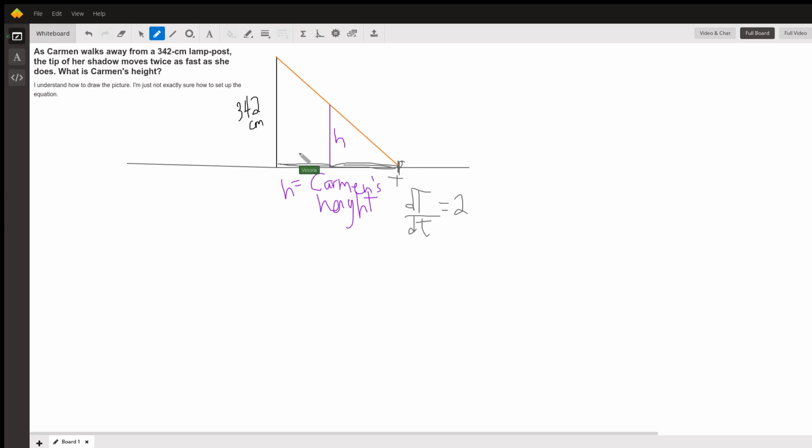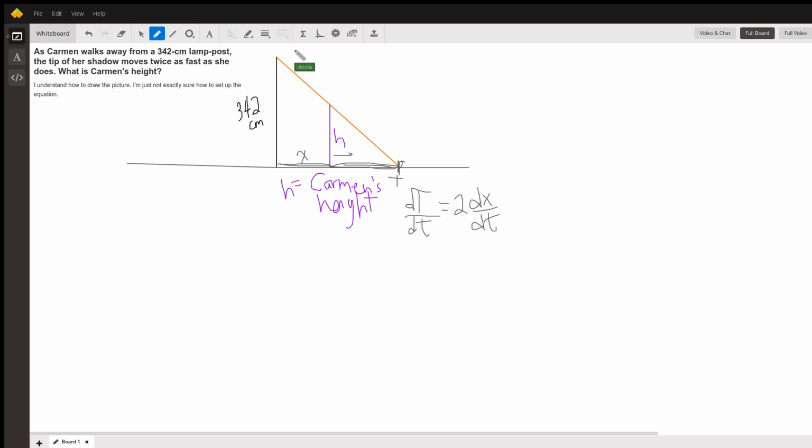So let's call this x. And so this is going to be dx dt, the rate at which Carmen is walking. So this is Carmen moving that direction. As this x increases, the tip of the shadow changes.